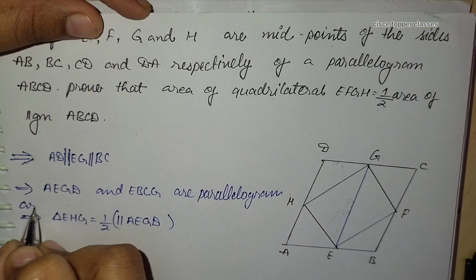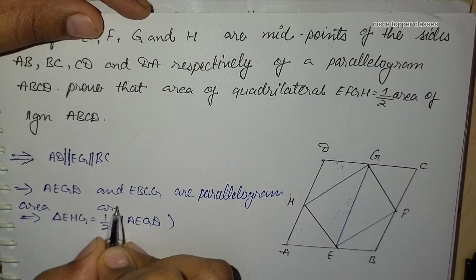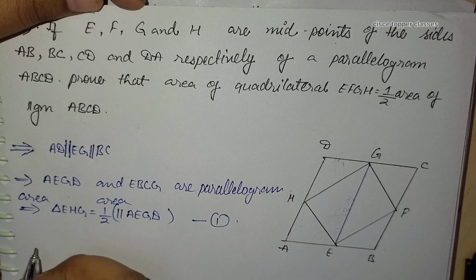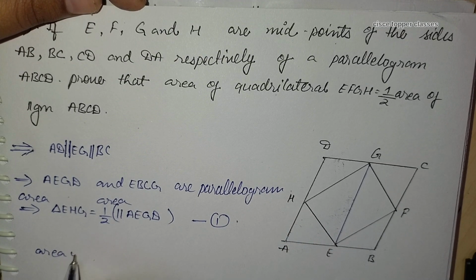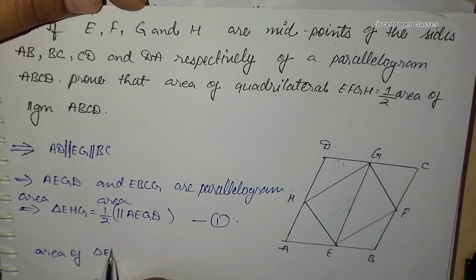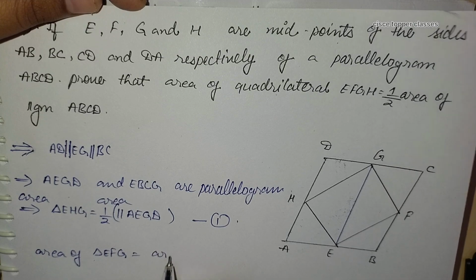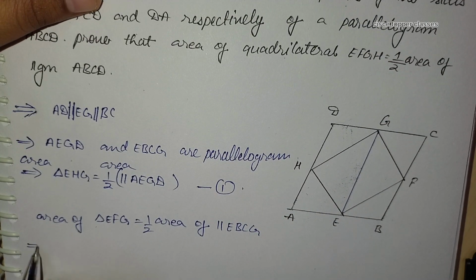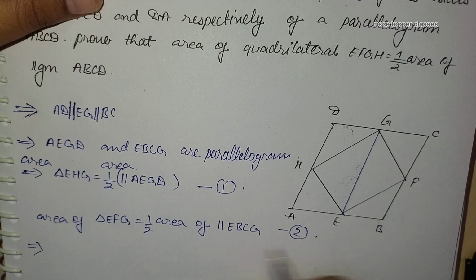Put it as the first equation. Now we can write area of triangle EFG is equal to half of area of parallelogram EBCG. So from here we put it as the second equation.